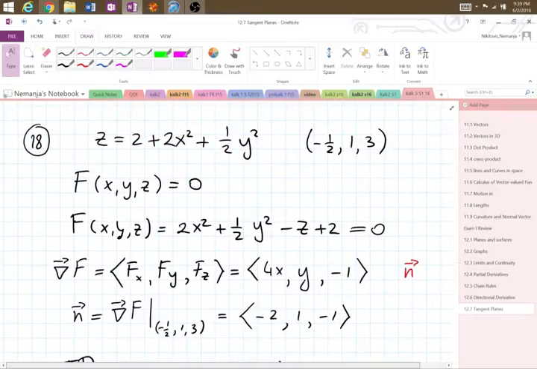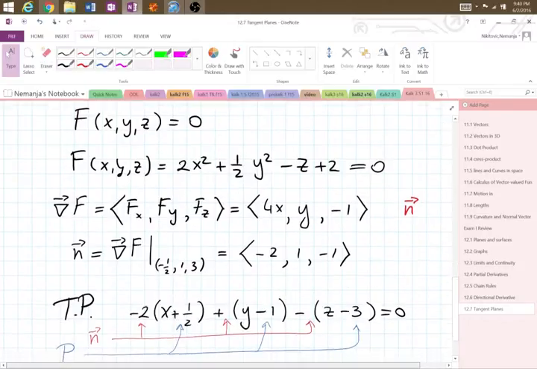So let's recap problem 18. We start with the function z equals 2 plus 2x squared plus 1/2 y squared. And we have the point P at which we want to center our tangent plane. So first, we create the implicit form for the function. We move z to the other side and create this capital F function, which is implicit.